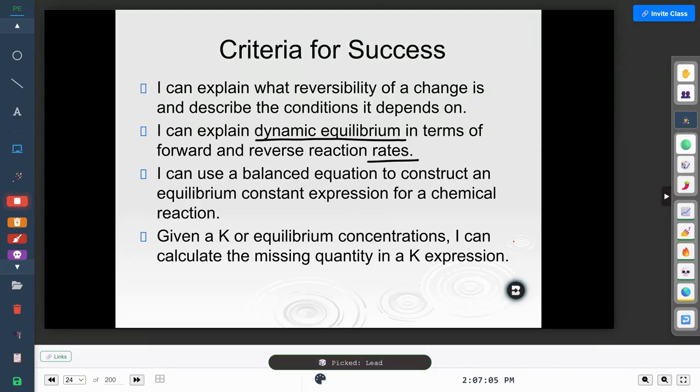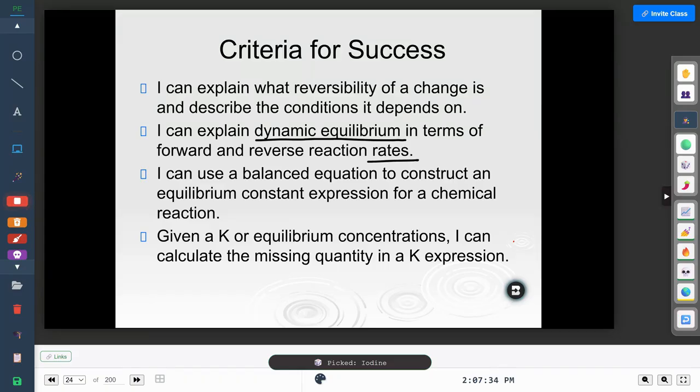And then what does my K value tell me? Lead. Not sure. What does my K value tell me? Germanium's not here. Iodine. Okay, what does that equilibrium constant mean? K is my equilibrium constant. What does it tell me? Okay.